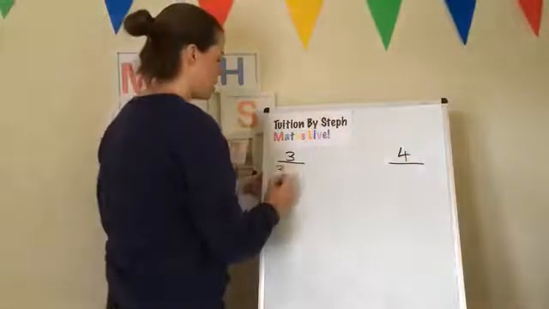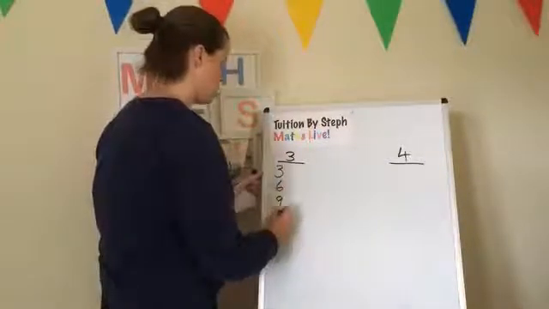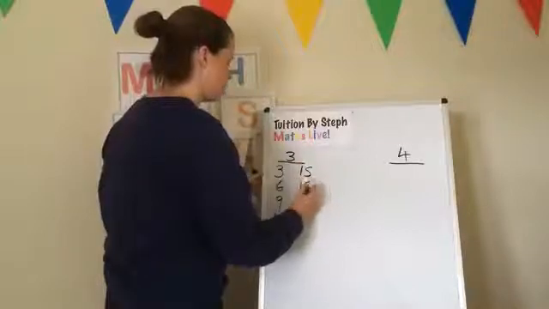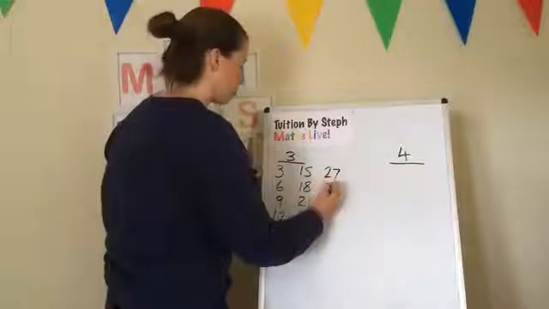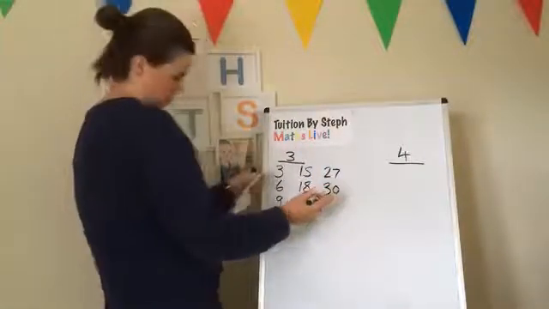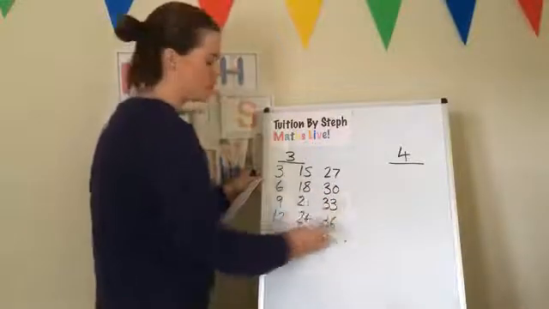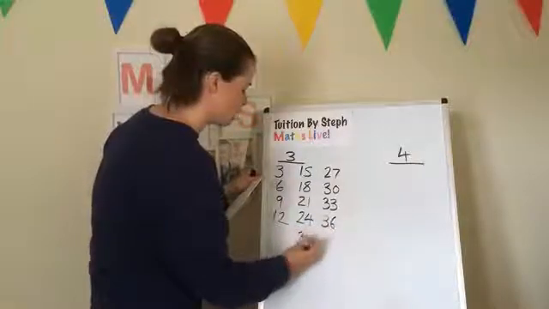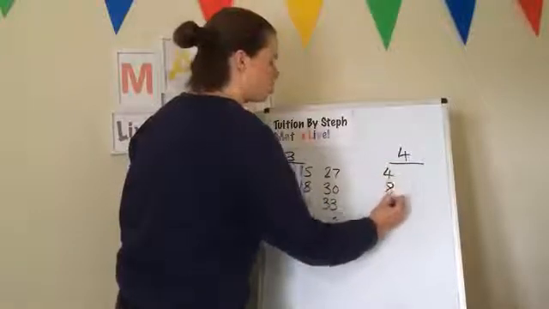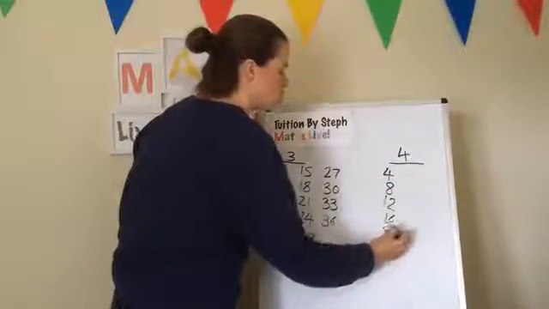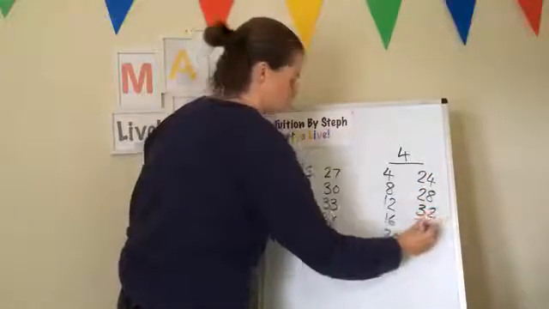So 3, 6, 9, 12, 15, 18, 21, 24, 27, 30, 33, 36, and then just go up to 39, adding another 3. Right, 4s: 4, 8, 12, 16, 20, 24, 28, 32, 40.